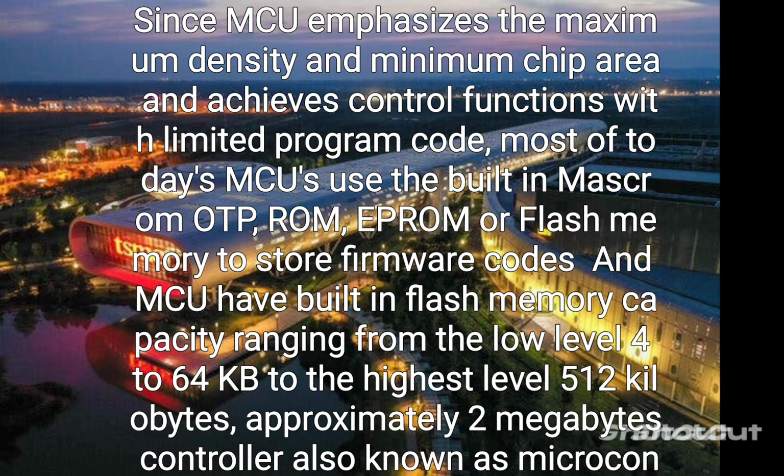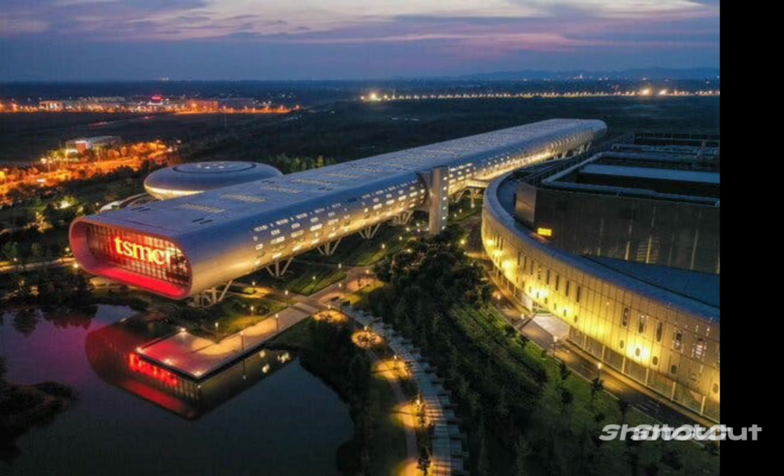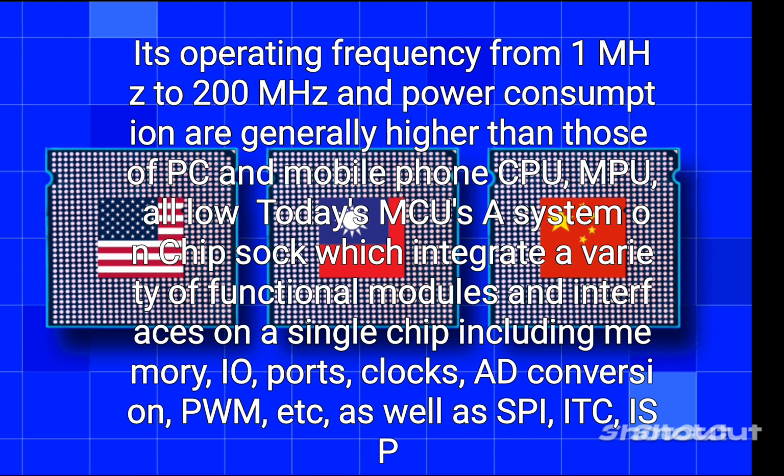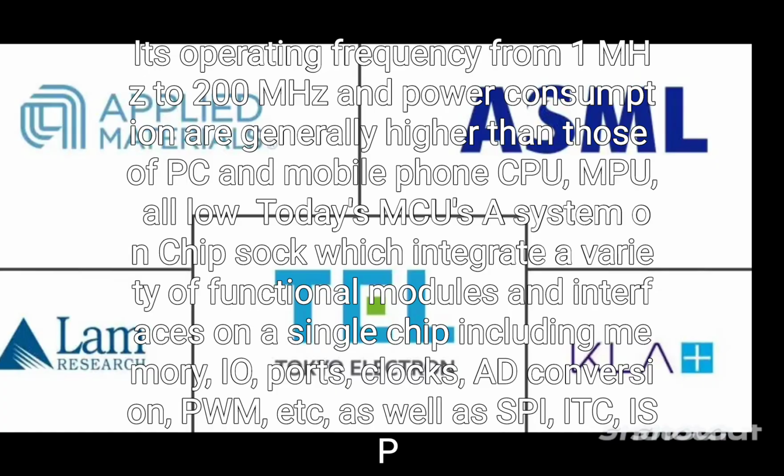The controller, also known as microcontrol unit, MCU, is a microprocessor chip designed for application-specific control processing. Its operating frequency, from 1 MHz to 200 MHz, and power consumption are generally lower than those of PC and mobile phone CPU, MPU.